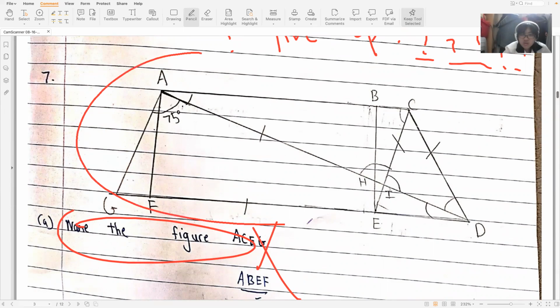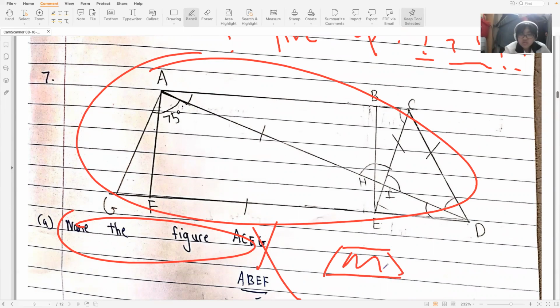What is this figure? So this is a shape. Trapezium. Yes, it's a trapezium. Okay? When people ask you to name, you don't give these letters. These are called letters. So you can tell people this is a trapezium.